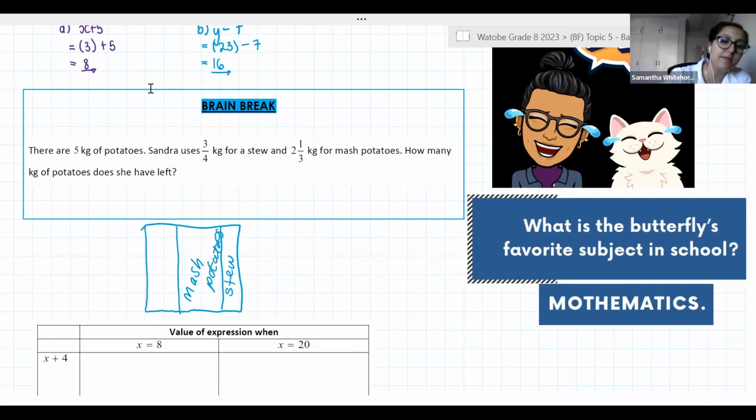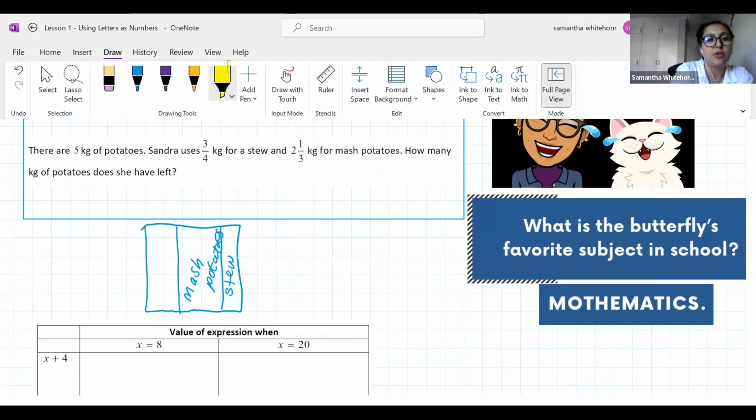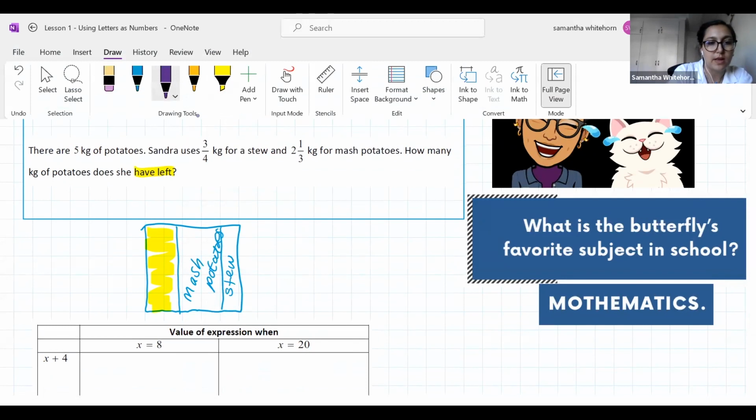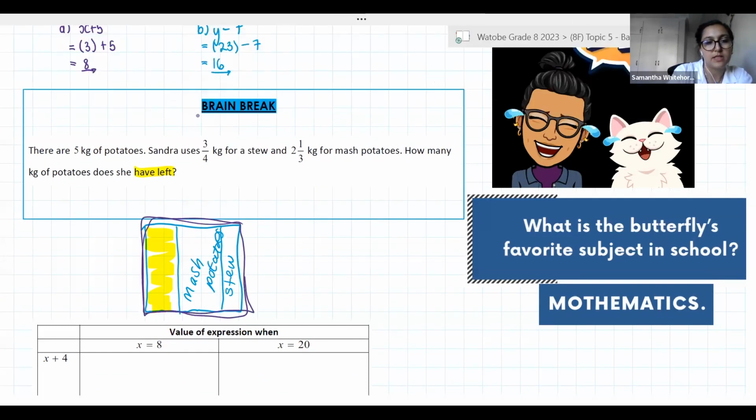The question is asking, how many kilograms does she have left? So what we want is this little section over here. If we know that this whole block is 5 kilograms, what we want to essentially do is take away what has been used for the mashed potatoes and for the stew.